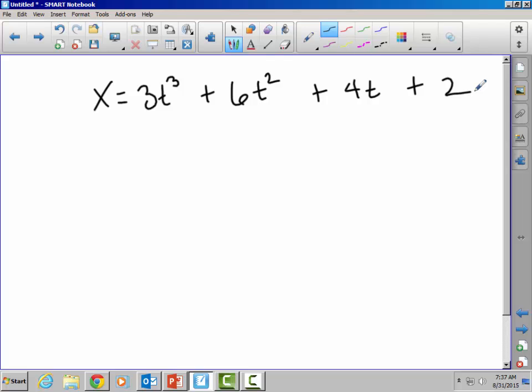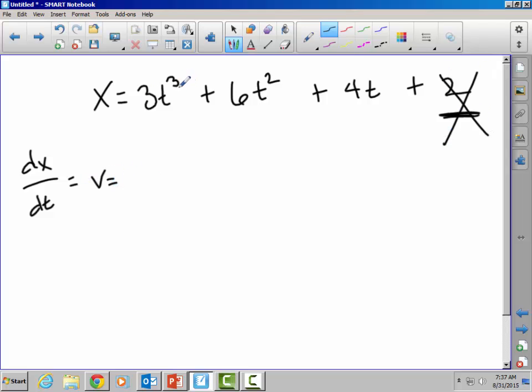So let's say you had a big function that describes your position like this, and I ask you for your velocity at a particular time, or your velocity function. So I'm going to go through and take the derivative of x with respect to t. For every variable that has a t in it, we'll do the power rule. This guy over here is a constant, right? So his derivative will just end up being 0.